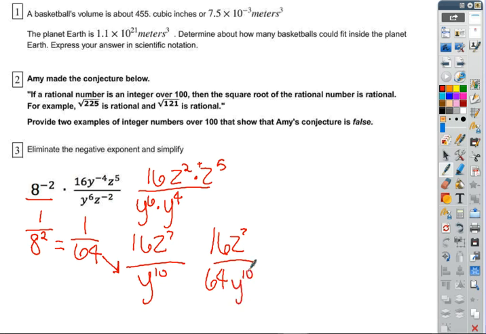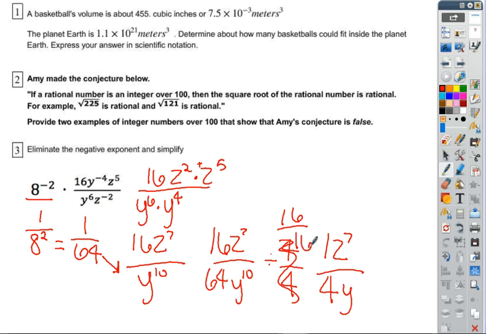And since 4 goes into both of these, you can divide it by 4 over 4. It goes into 16 and 4. So then you get 1 z to the 7th over 4 y to the 10th. Okay.